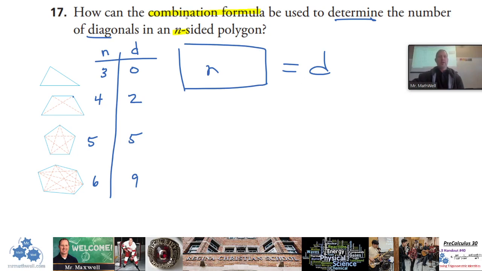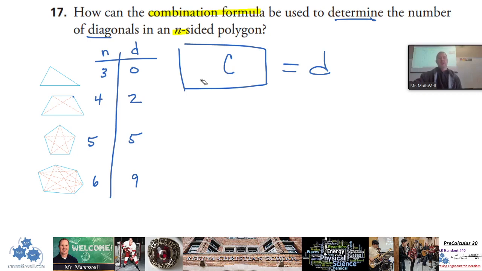So let's just try something. Let's say you did n choose 1 equals d. Does this work for all of these that we have here so far? 3 choose 1, what's that? That's going to be 3. No. So that doesn't work. So it's not this one. N choose 1 isn't going to work.